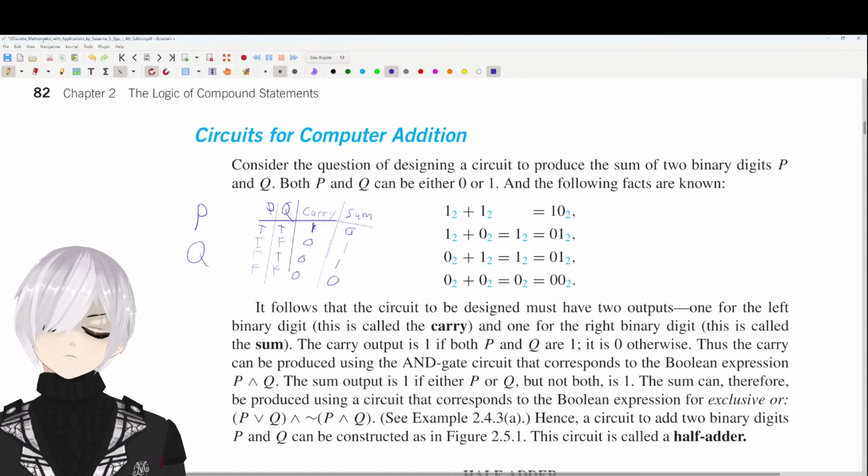So we're going to need to put P and Q through some combination of gates that amounts to an exclusive OR. One of them is true, but not both. It's going to involve multiple gates, like the OR and a NOT and another AND.